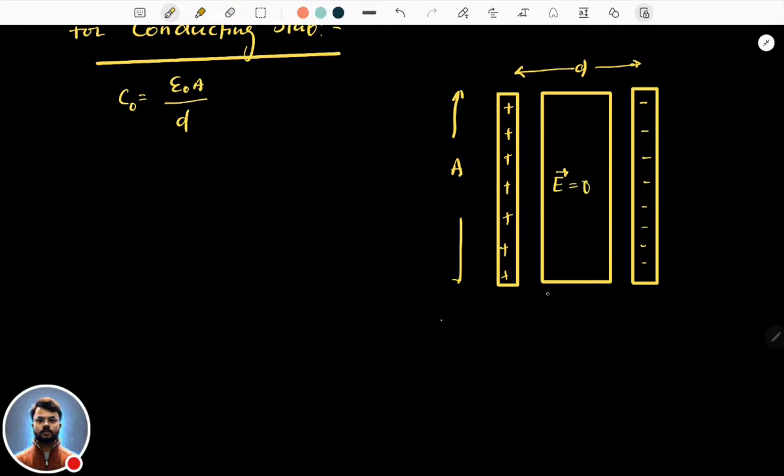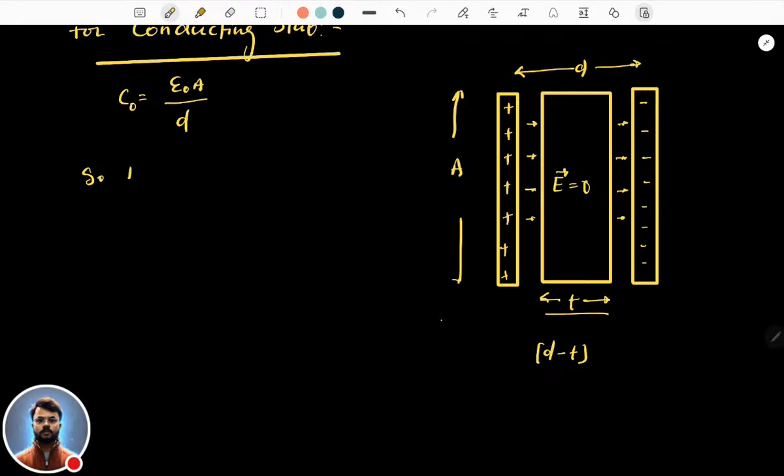It means if the thickness of the slab is T, then over the thickness T the electric field is zero. Now the electric field only exists in the remaining region, and the remaining region is D minus T.